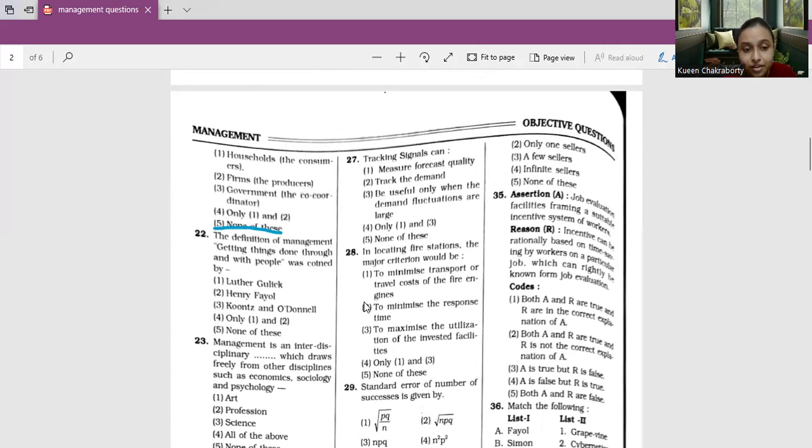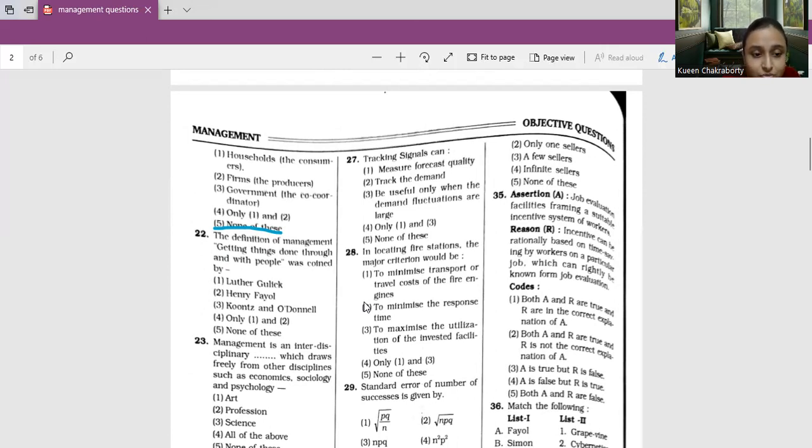But if we come to the various concepts of management, the definition that Henry or Luther have given is quite different.